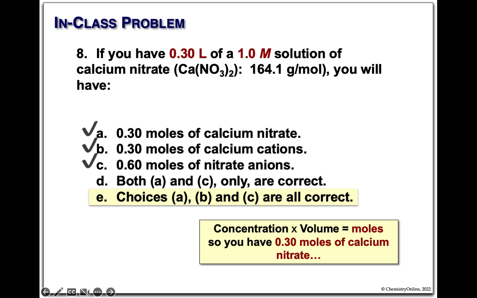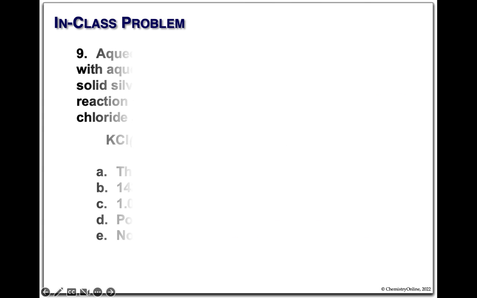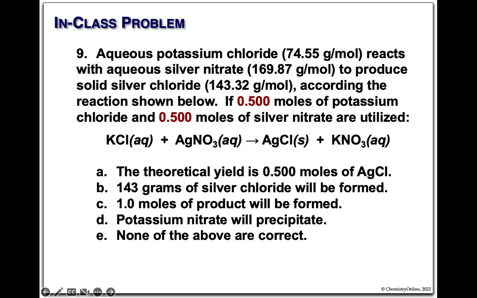Well, let's do another stoichiometry question here. We are taking potassium chloride, reacting it with silver nitrate to make solid silver chloride and potassium nitrate. Okay? We have half a mole of potassium chloride, half a mole of silver nitrate.